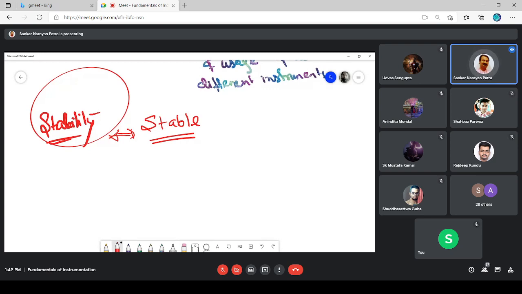Like your camera, when you are going to take a long view or a nature image with your camera, what do you need? You need a stand. Why do you need a tripod stand? You need to make your camera vibration free. No tremor, no vibration, otherwise the images blur.